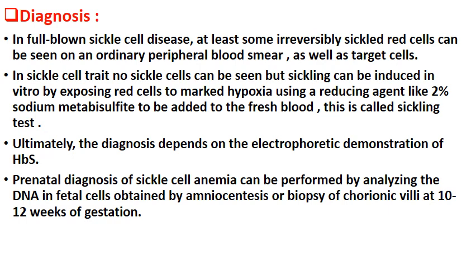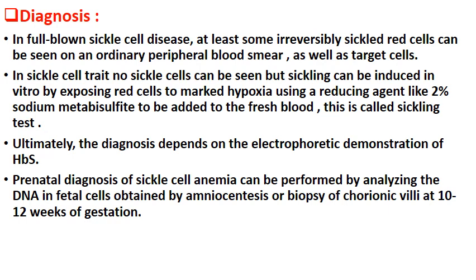So by using a reducing agent like 2% sodium metabisulfite added to fresh blood to induce sickling, we can see some sickle cells in a patient we suspect has sickle cell trait. Of course, this is after hemoglobin electrophoresis, which is very important for the diagnosis, because hemoglobin electrophoresis proves and confirms the diagnosis in patients suspected of sickle cell disease.